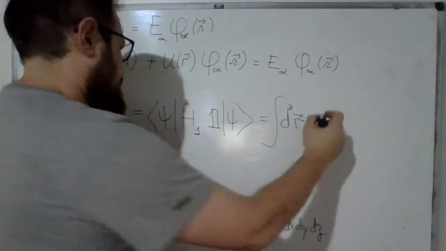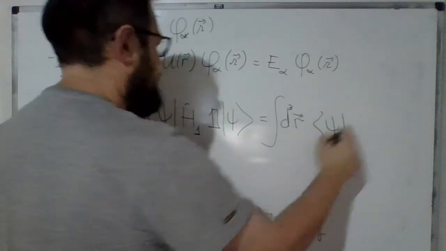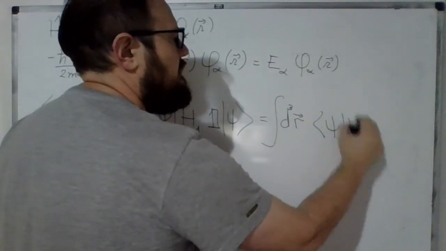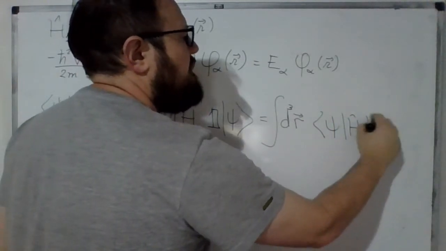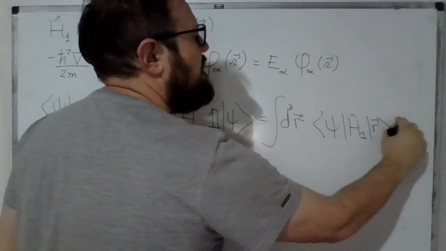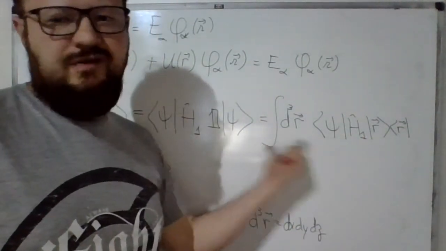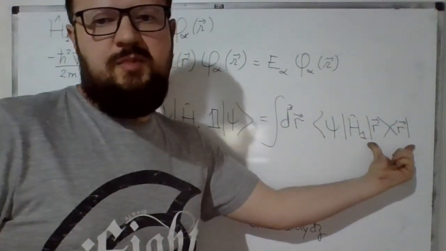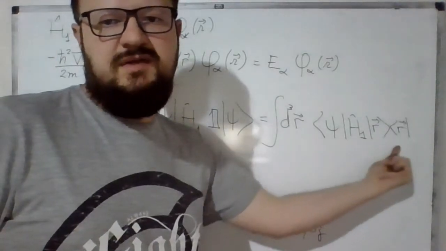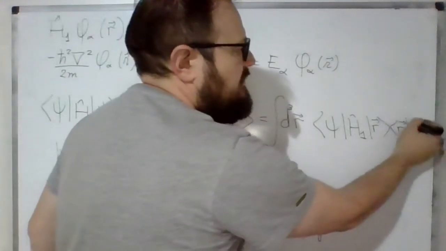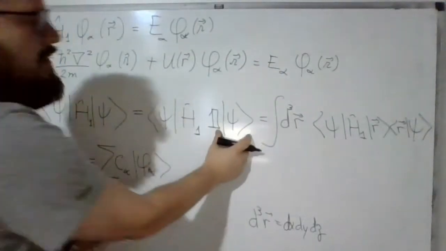And we will insert our position basis here, completeness. All right, this is the completeness. Summation over all the exterior products of position kets times the psi which is already there.